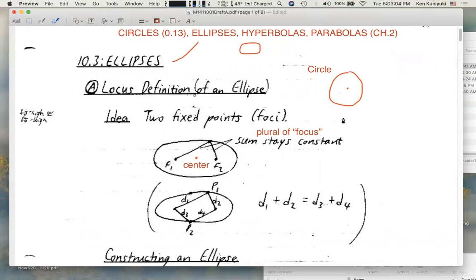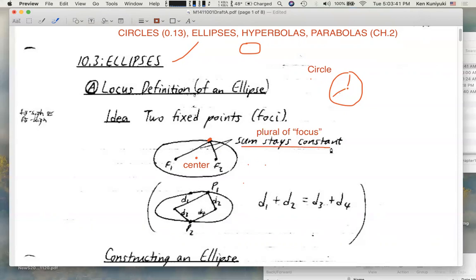Now here's the idea. Again, for a circle, the idea was that every point on the circle had the same distance from this fixed center. Over here, it's a bit different. If you take a point on the ellipse, you can consider the sum of the distances between this point and each focus. Basically, this length here plus this length over here. And the idea is that this ellipse here consists of all points whose sum of distances from the two foci will stay constant.